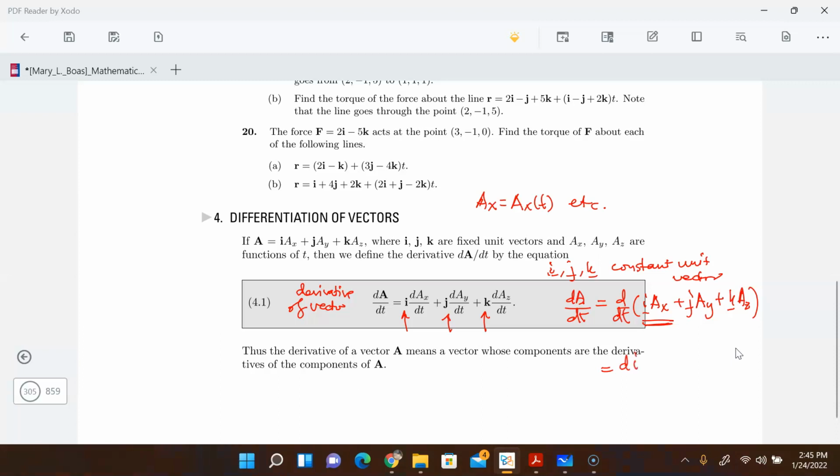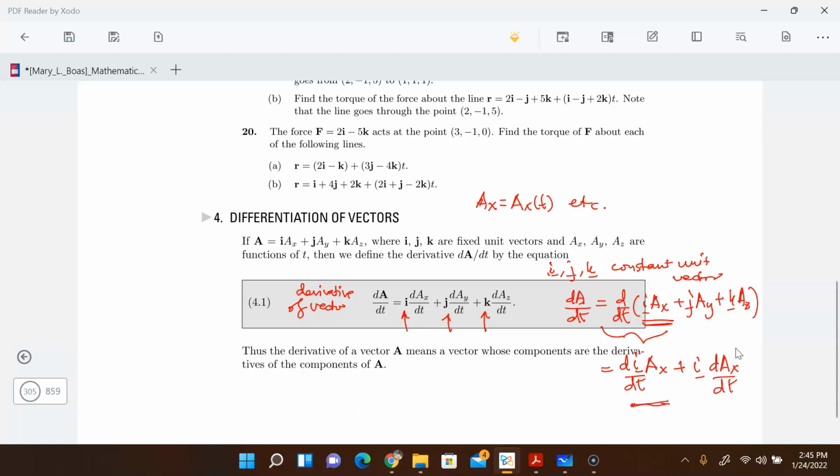So I need to differentiate i with respect to t, leaving ax, and then you have to differentiate ax, leaving i. If your i, j and k are not constant, then you would have these extraneous terms.